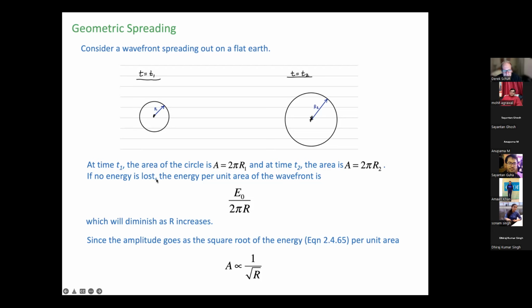If no energy is lost, then the energy per unit length of the wavefront is E naught over 2 pi r. And so as r goes up, the amplitude is going to go down. The amplitude goes as the square root of the energy. So the amplitude will go as 1 over the square root of the distance you are from your earthquake.